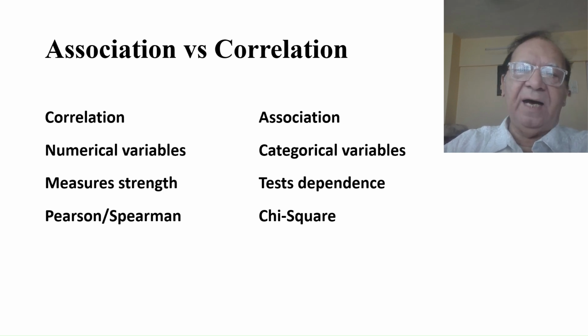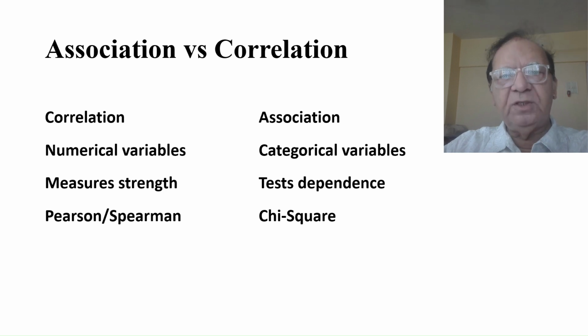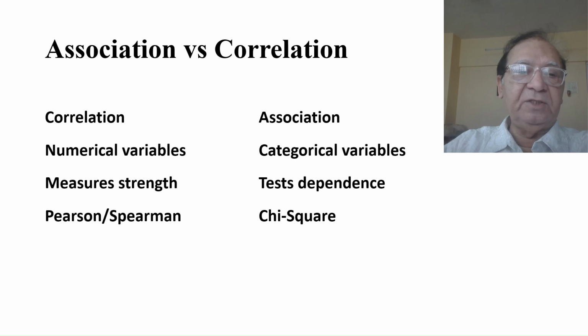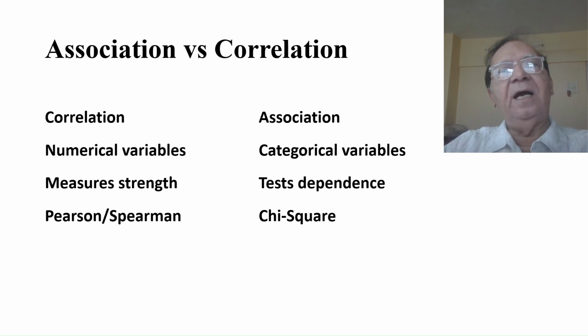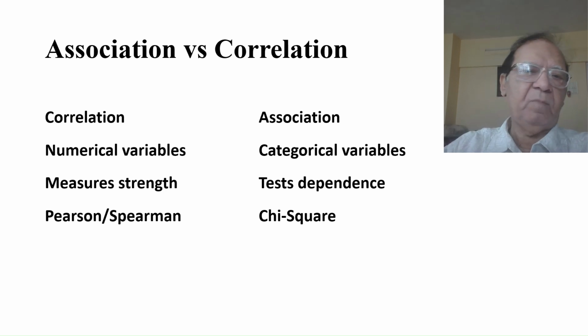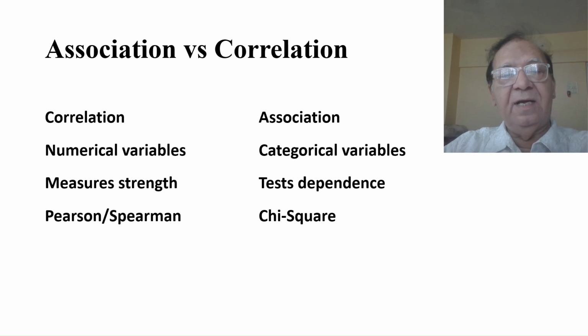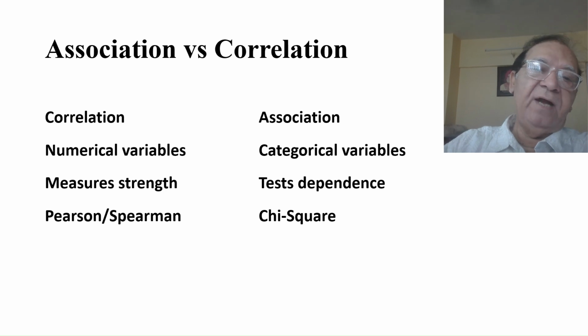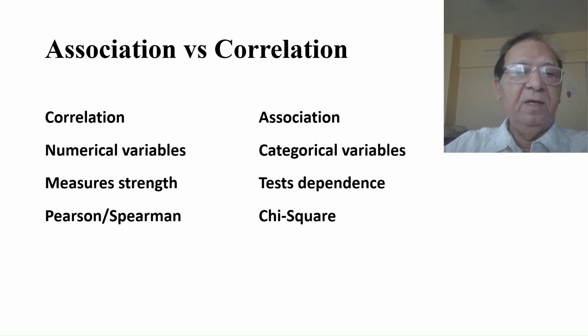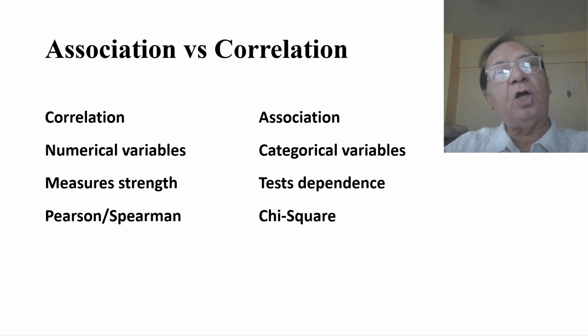Association, on the other hand, is used when variables are categorical. Examples include gender and product preference, education level and employment status, residence and voting preference. The chi-square test measures association, not correlation.